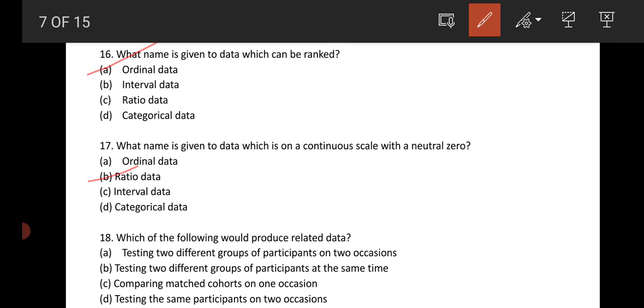There are 4 divisions of scales. Firstly, nominal gives only the naming. Then ordinal data gives only the order, like rank. Then there is interval data. There will be no true zero, only a neutral 0 value.